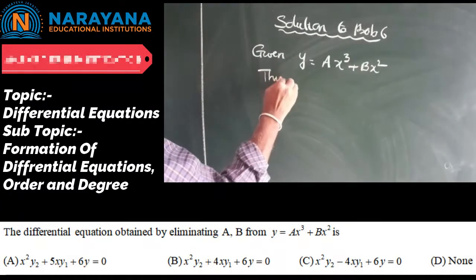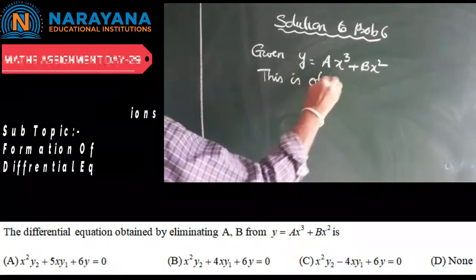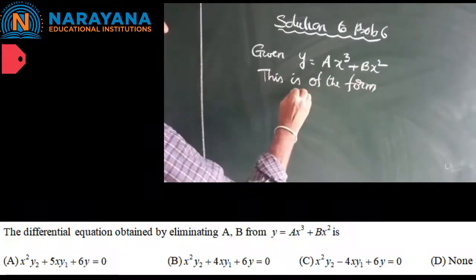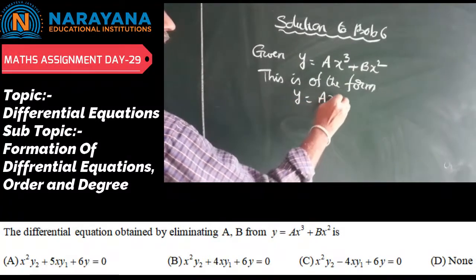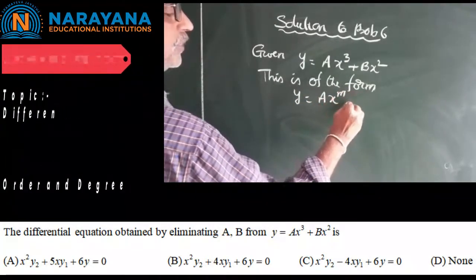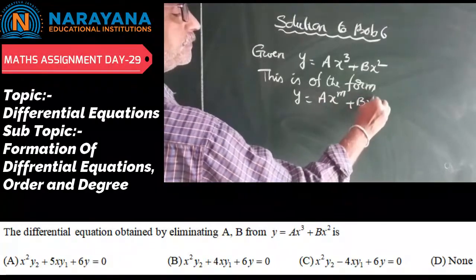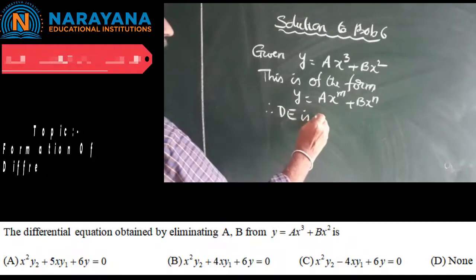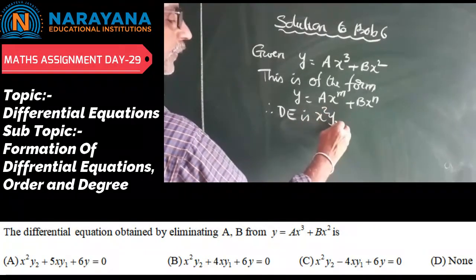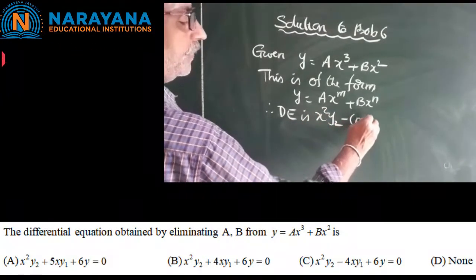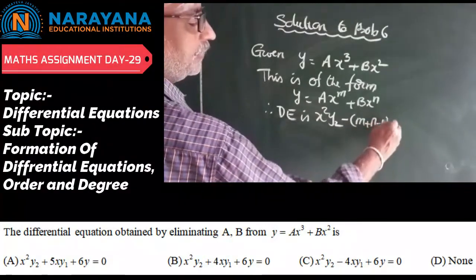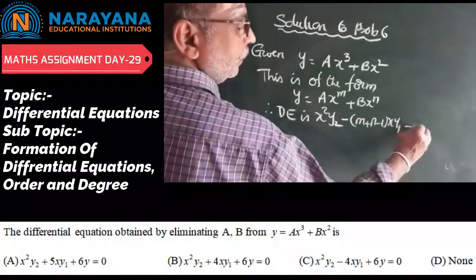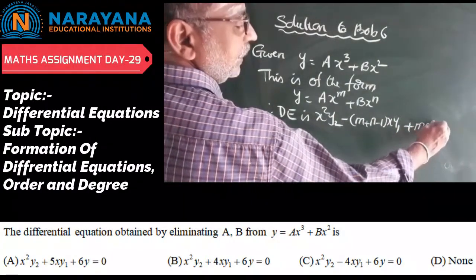This is of the form y equal to ax power m plus bx power n. Therefore differential equation is x square y2 minus of m plus n minus 1 into xy1 plus mny equal to 0.